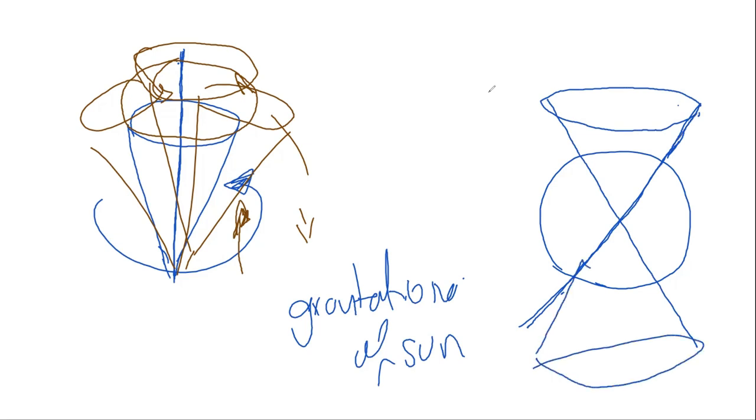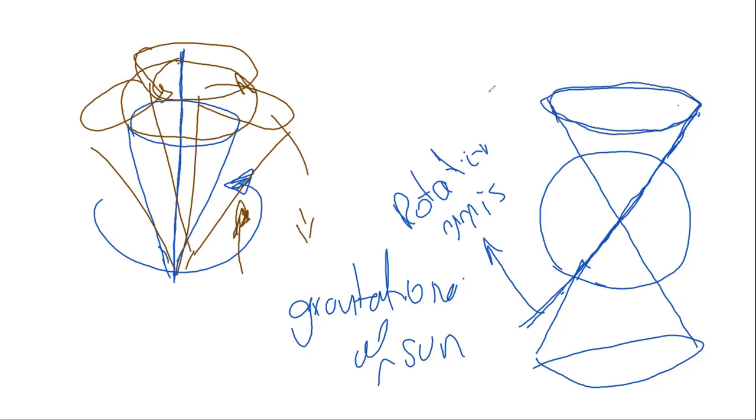So this is the Earth's rotation axis. This is the rotation. And it takes 26,000 years to complete one revolution.